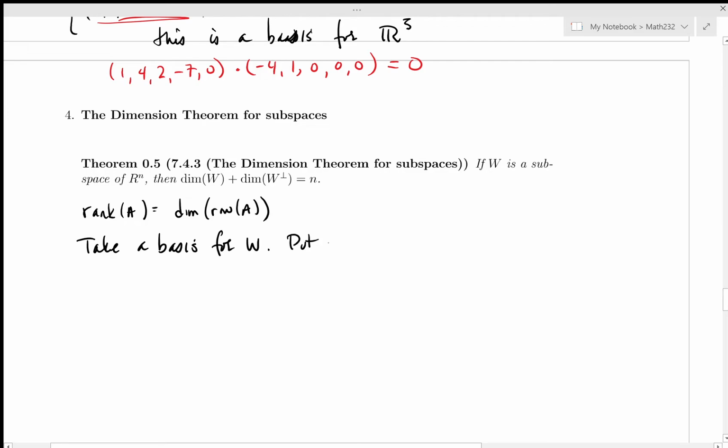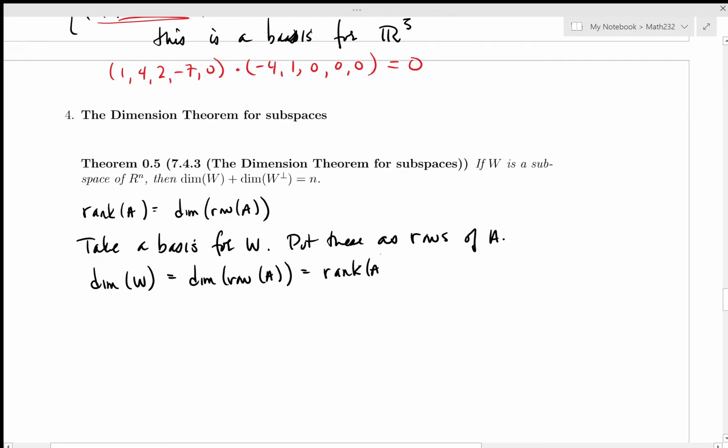Put these as rows of A. Then we have that the dimension of W, the number of basis vectors for W, is the same as the dimension of the row space of A, which is rank A. Okay, W is a subspace of Rn.